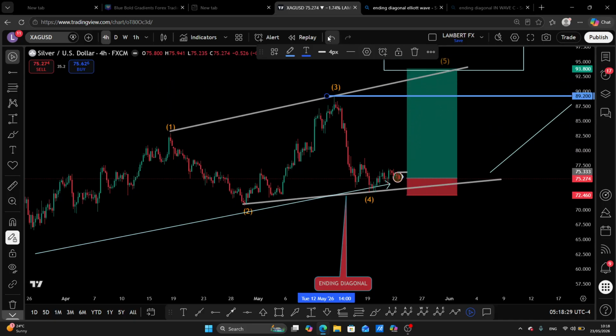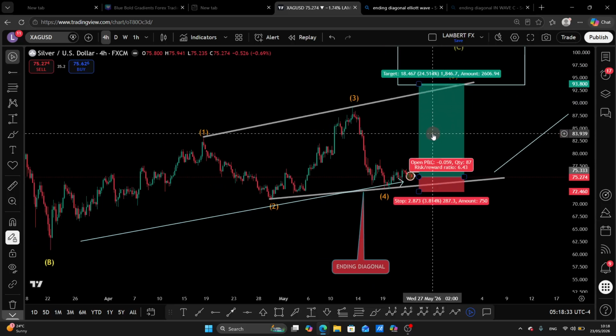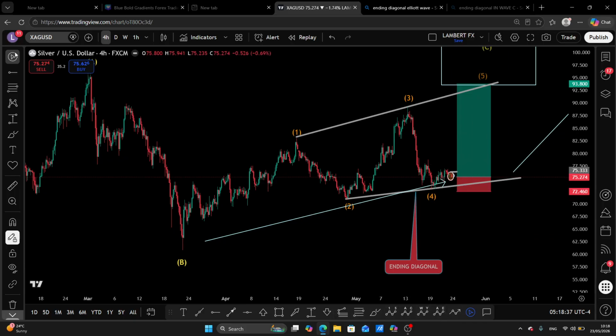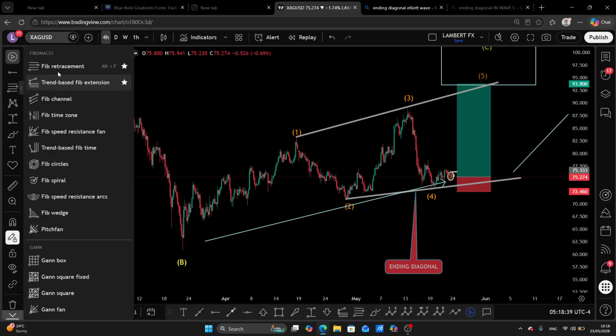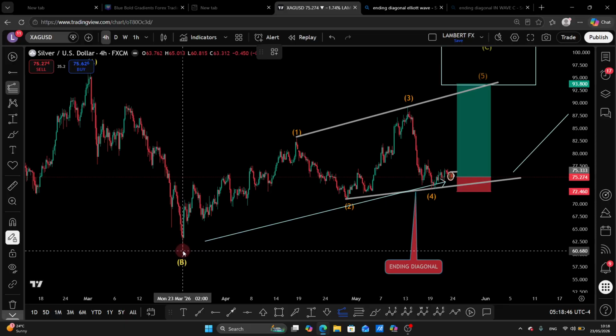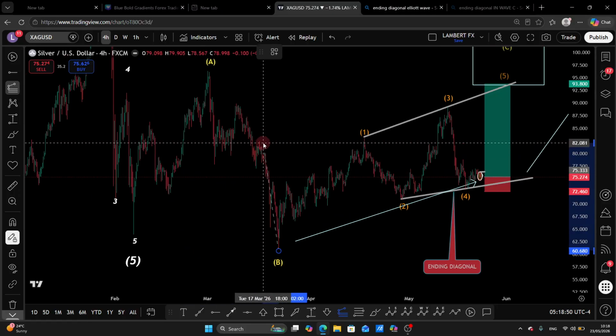Alternatively, how to know where to take a profit? All you need to do is take your fib extension. Go to Fibonacci and take the trend-based fib extension. Sorry, that is wrong.